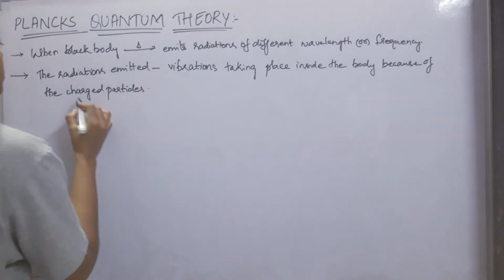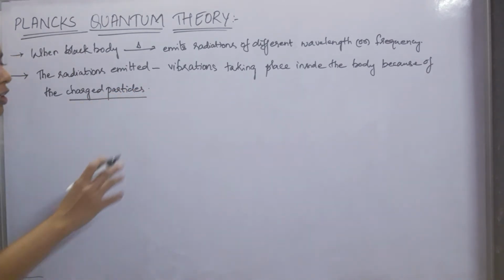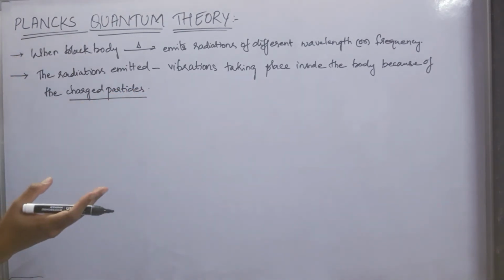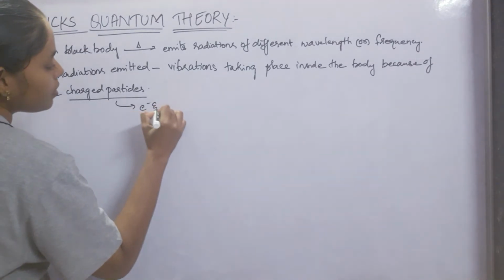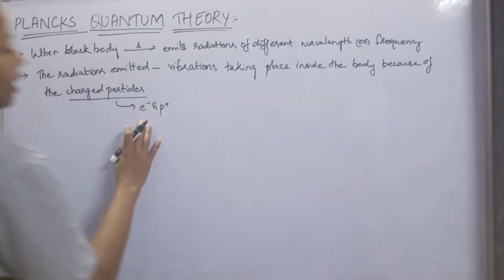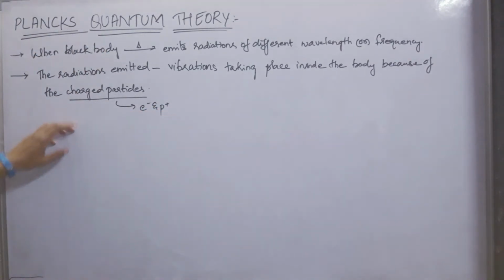What are the charged particles here? There are only two charged particles: protons as well as electrons. Because of the vibration seen in them, we can see the emission of radiations from this black body.